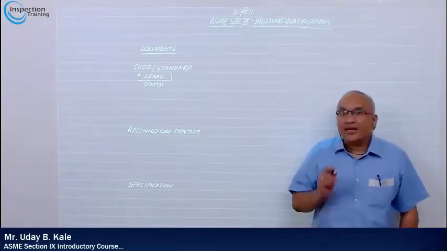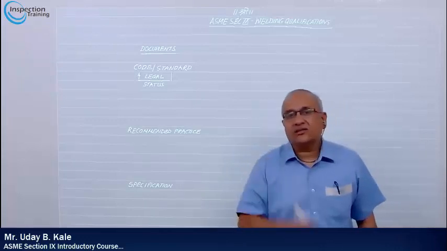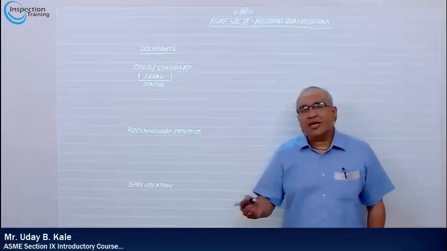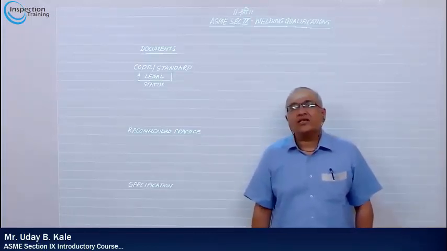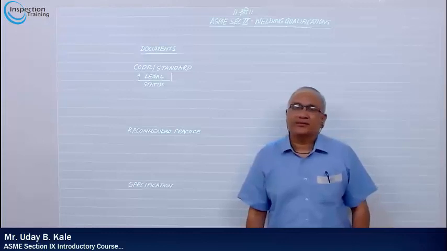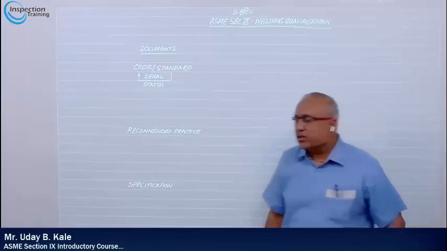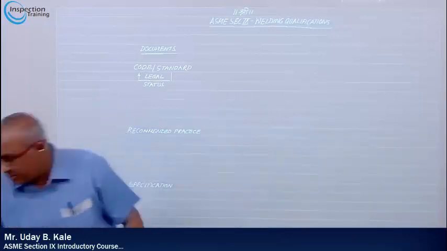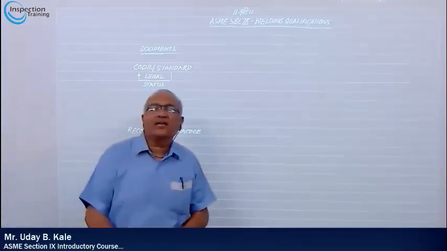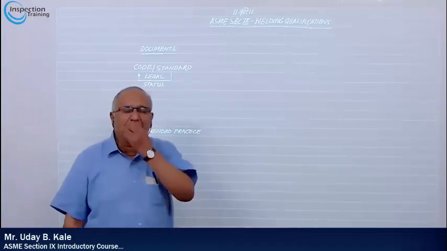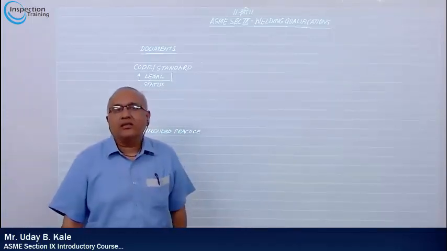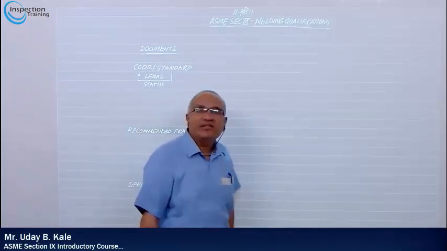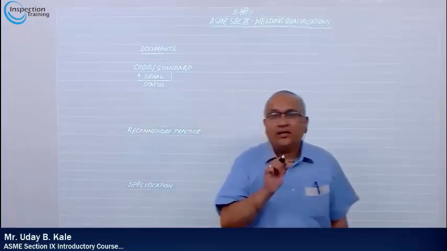So when a standard has got a legal status, it is called as code. Another example that I can quote is ASME Section 8 Division 1. Everybody knows ASME Section 8 Division 1, and basically it is a document meant for pressure vessels. But ASME Section 8 Division 1 is a code in USA.